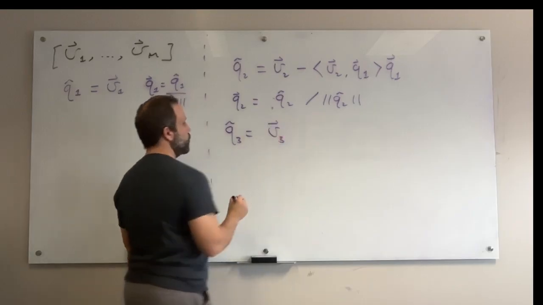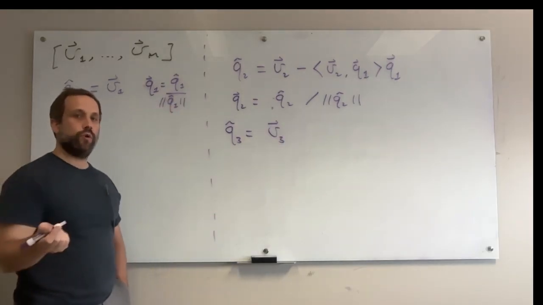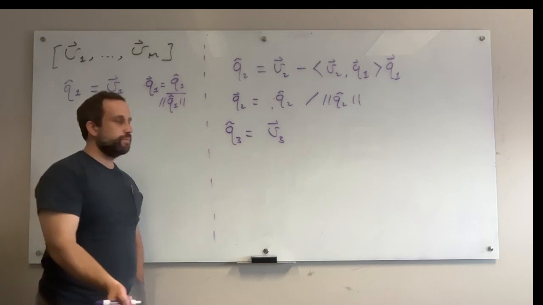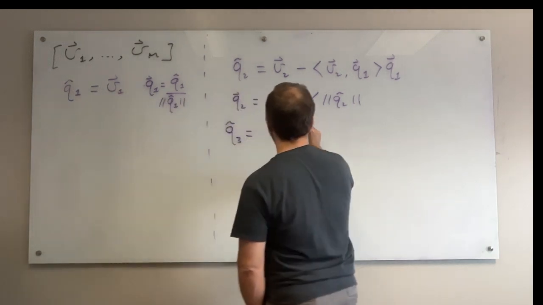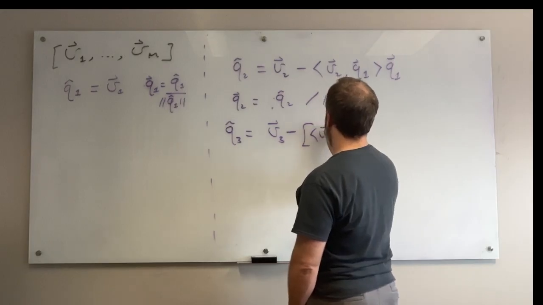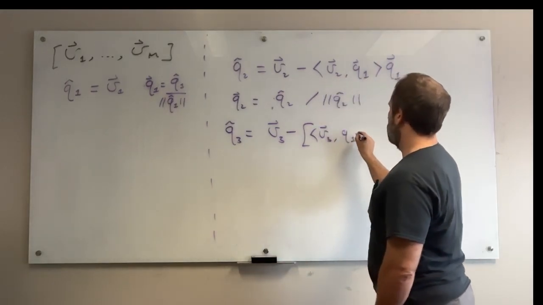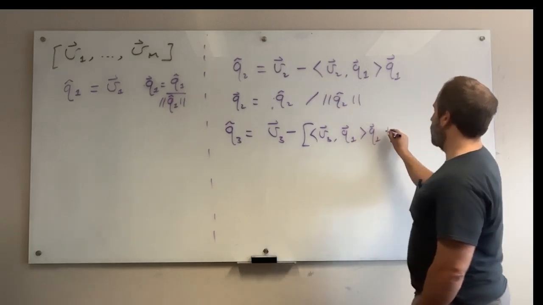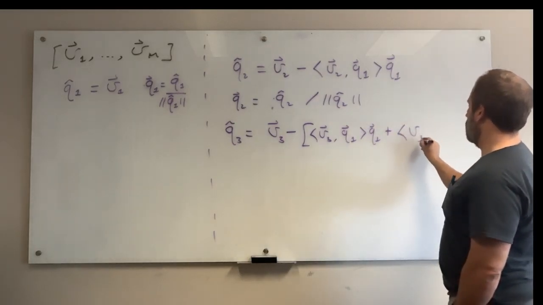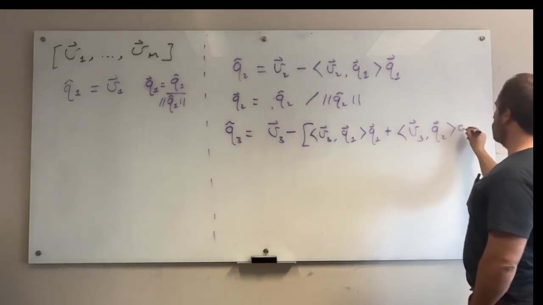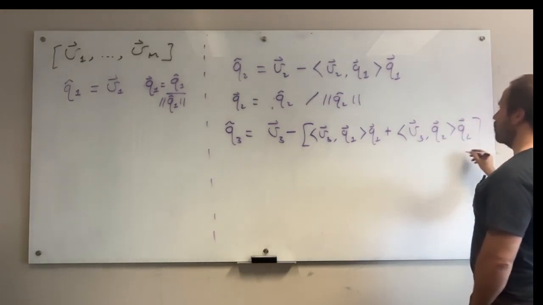So for q3 hat, we're going to take v3 and subtract off the projection of v3 onto the space spanned by q1 and q2. So this is going to be v3 minus the projection of v3 onto q1 and the projection of v3 onto q2, like this.